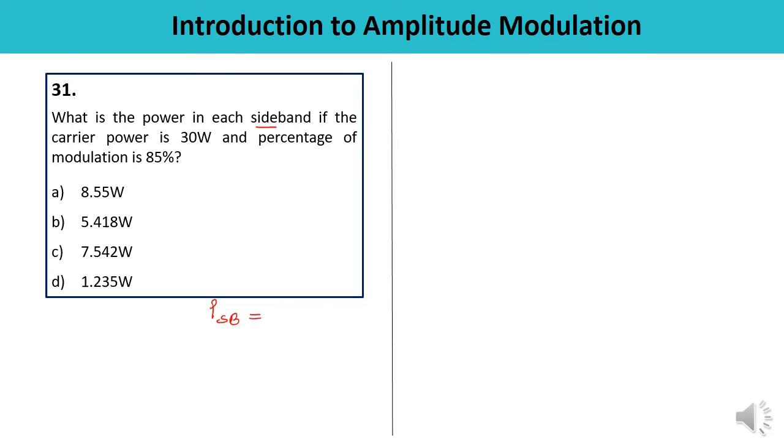The formula is Pc into m square upon 4. The carrier power is 30. Modulation index is 85%, so 0.85, squared, upon 4. Simplify it, you will be getting 5.41 watt. Means the correct answer is B.